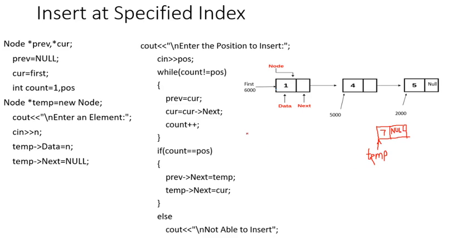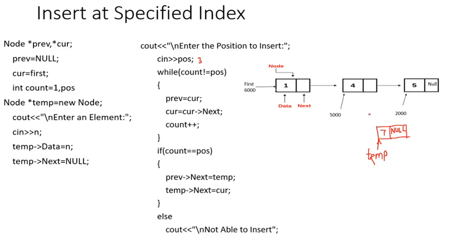Now ask the user where to insert this newly allocated node. That location is stored in pause. Suppose the value of pause is 3. Now we have to search the location where we want to insert this new node.